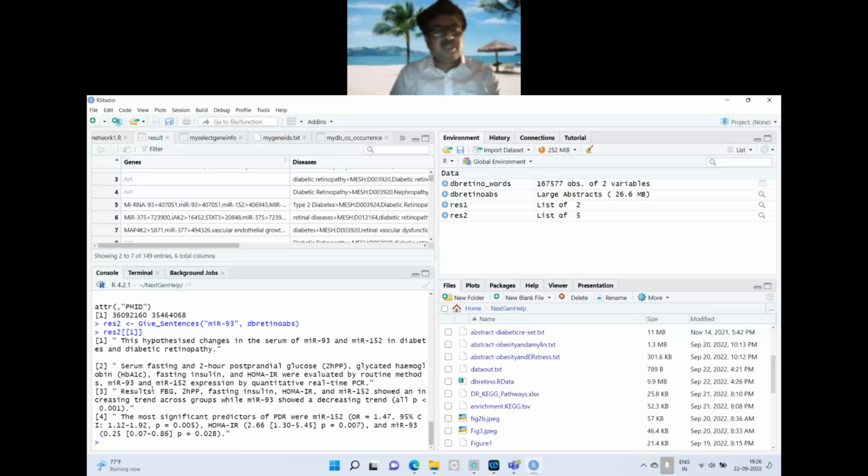There are 3 sentences where MIR 93 is mentioned. It says that they have done some work because of which the hypothesis changes in the serum of MIR 93 and 152 in diabetes and diabetic retinopathy.